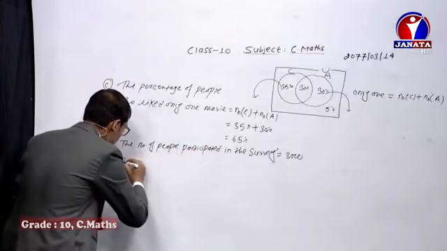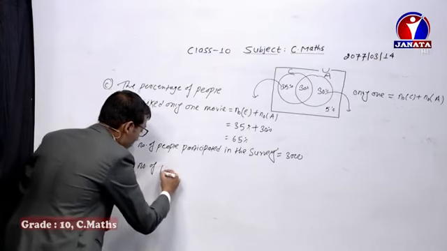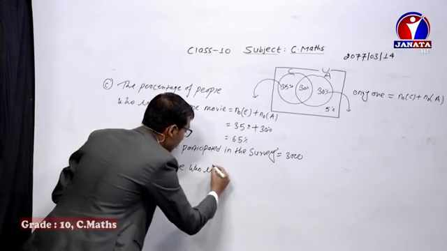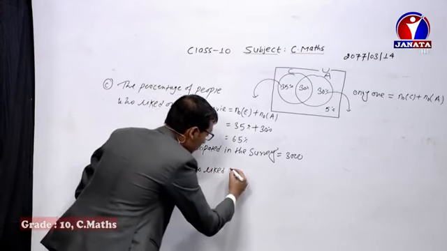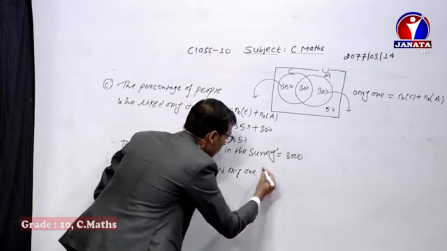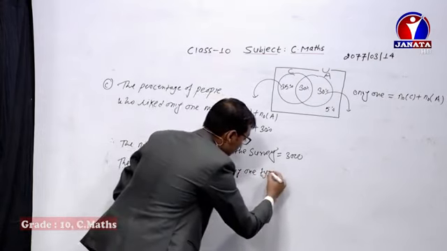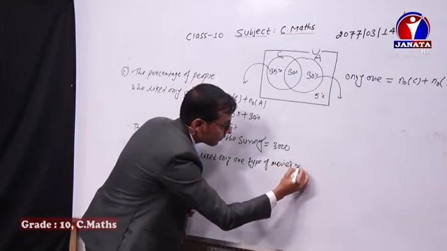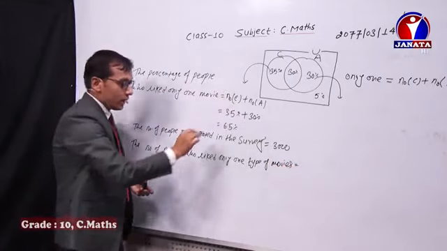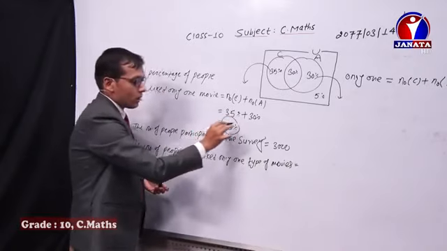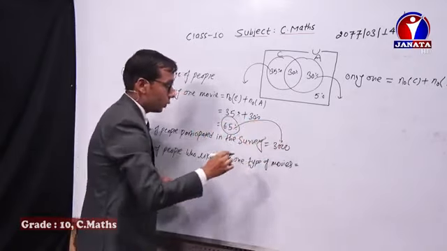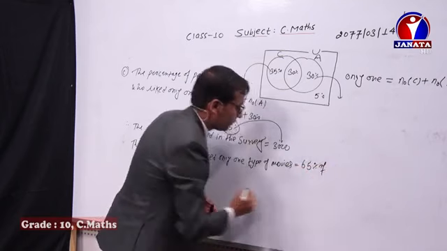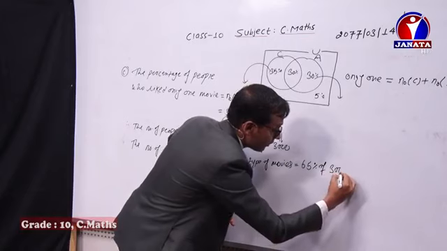So the number of people who liked only one type of movies is equal to 65% of total N of U. So 65 percent of 3000.